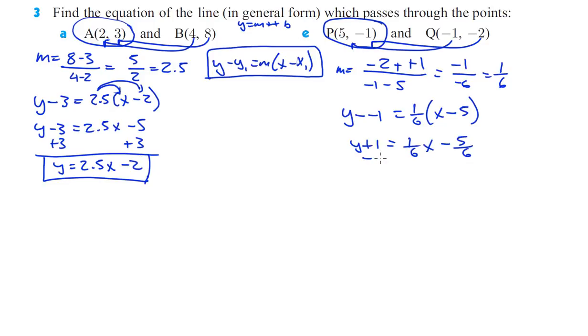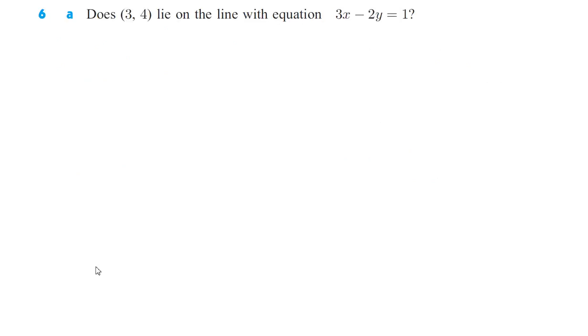Not very nice, but I guess we'll have to go with it. Subtract 1 from both sides, and we get y equals 1/6 x minus 1, oops, not 5/5, but 5/6. Okay? Sound good? Good. All right, let's move to the next one here.